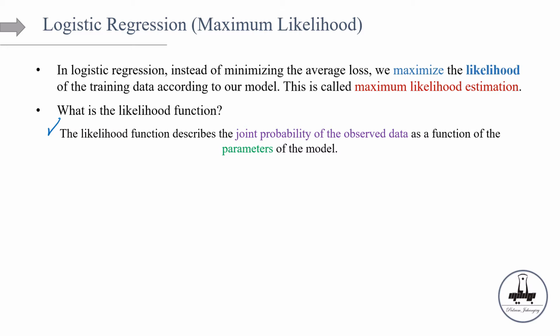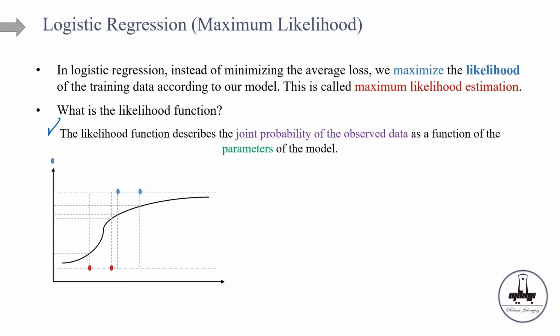Okay, so here imagine we have two classes, and this is a very simple example. Let's say we have two classes, red and blue, and we have only 4 observations, right? So this is going to be our y variable, this is going to be our x variable.